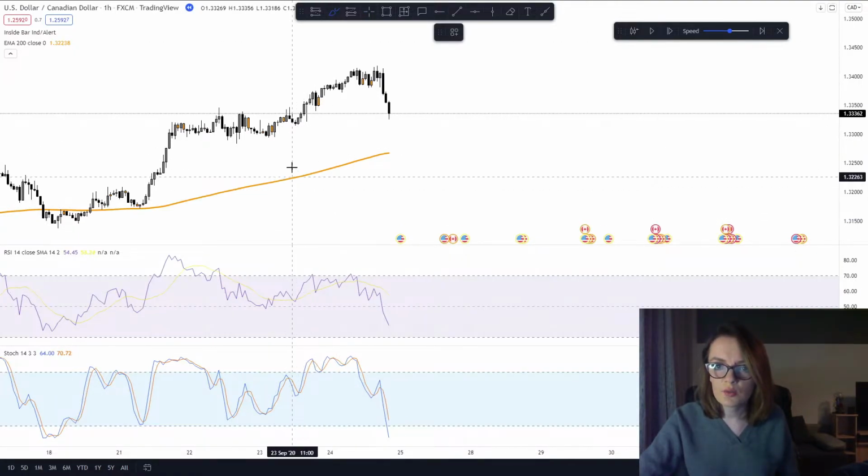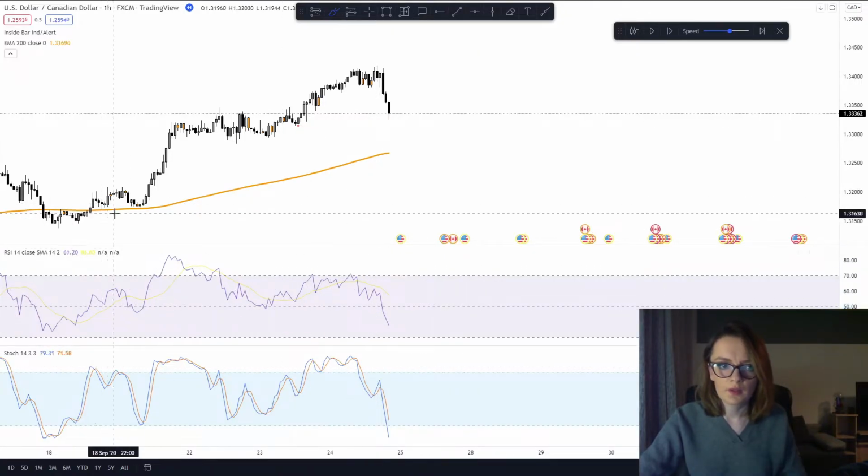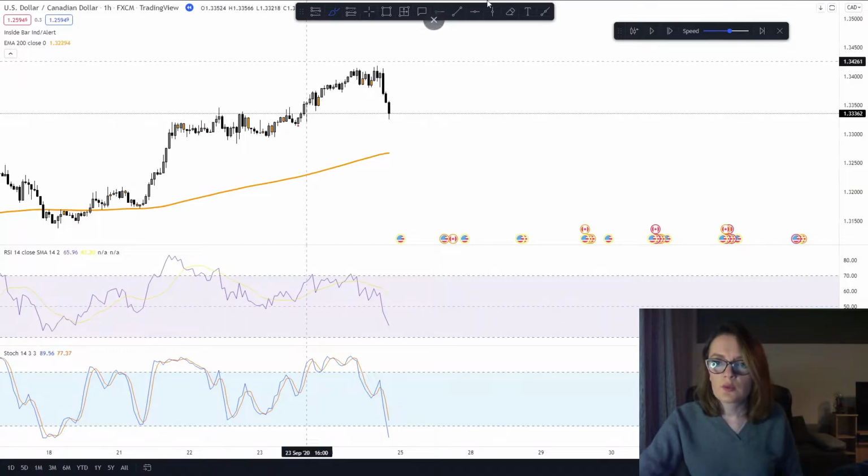As you can see here, we already have a divergence here. This is a hidden bullish divergence because, as you can see, the price made some higher lows, but actually the RSI made some lower lows. Okay. So that's why we will use the stochastic indicator here that will further confirm our analysis.